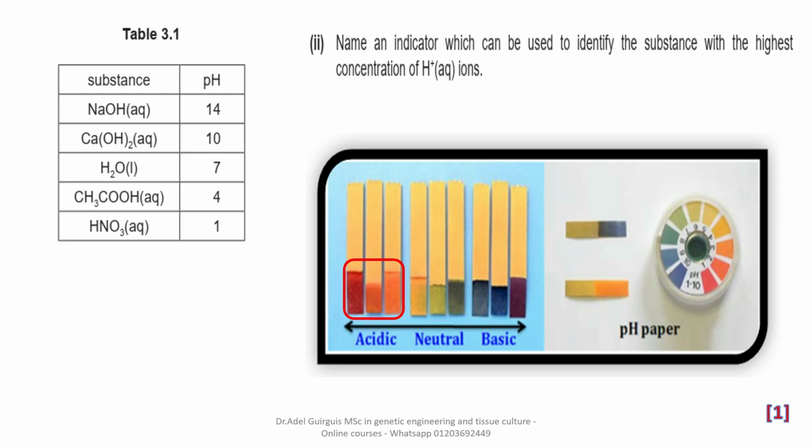So pH paper or universal indicator paper can identify which substance has the highest concentration of protons. What about litmus paper? Litmus paper is just used to determine which substance is acidic and which one is basic or alkaline. It cannot distinguish between different pHs in acidic medium and different pHs in alkaline medium.